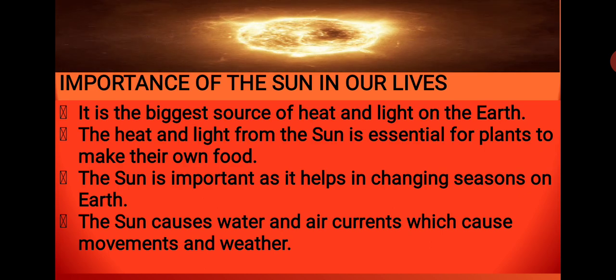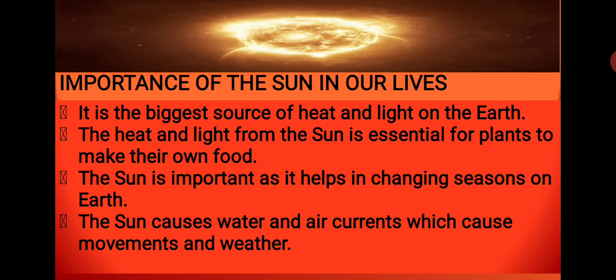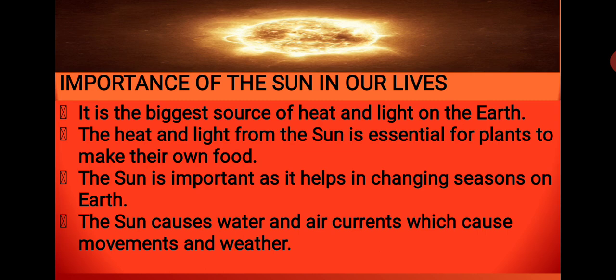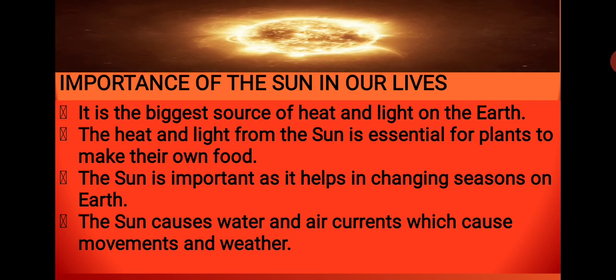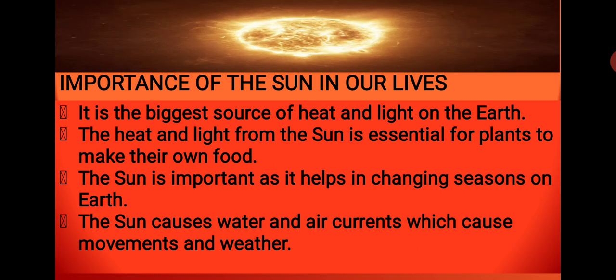The sun is important as it helps in changing seasons on earth. The sun causes water and air currents which cause movements and weather. Now you can imagine, children, how would be life without the sun.